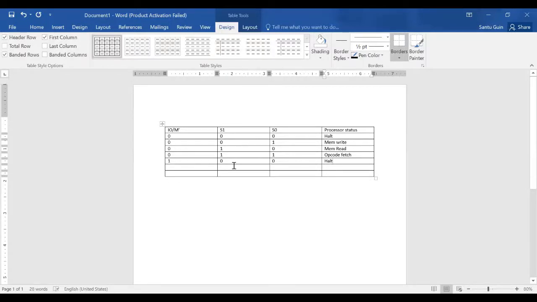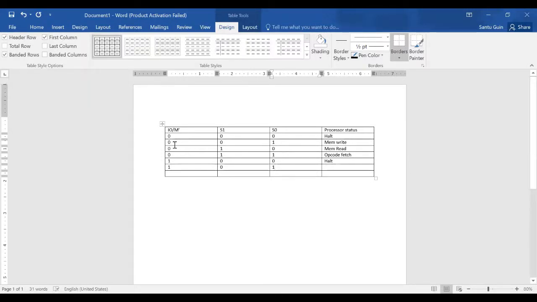Now the next combination is 1, 0, 1. What is it called?